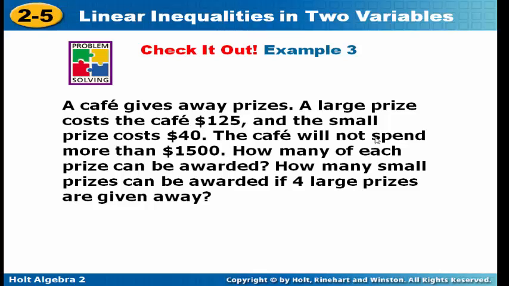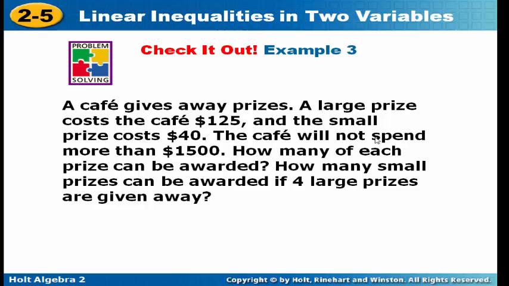A coffee shop gives away prizes. A larger prize costs the shop $125 and a small prize costs $40. The shop will not spend more than $1,500. How many of each prize can be awarded? How many small prizes can be awarded before larger prizes are given away?